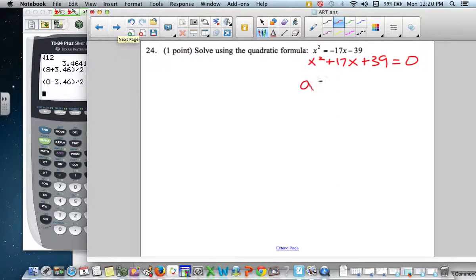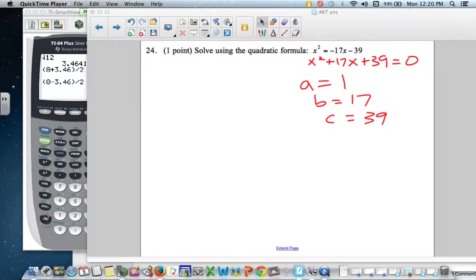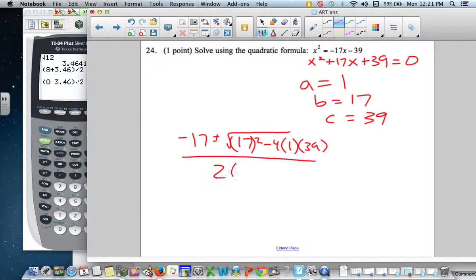You have to get it in standard form first, then identify your A, B, and C. And then you just go through that whole process again. So it would be negative 17 plus or minus the square root of 17 squared minus 4 times A times C all over 2 times A.